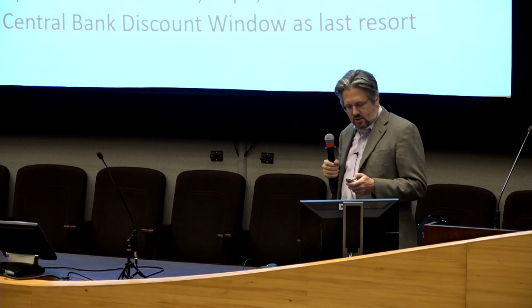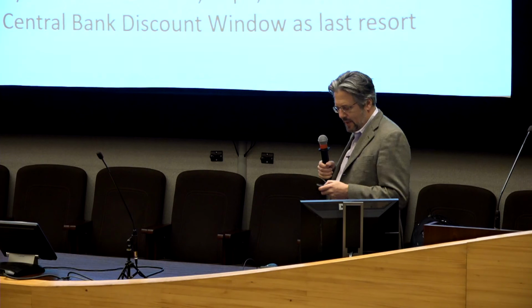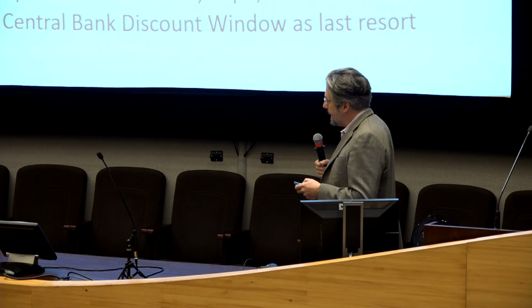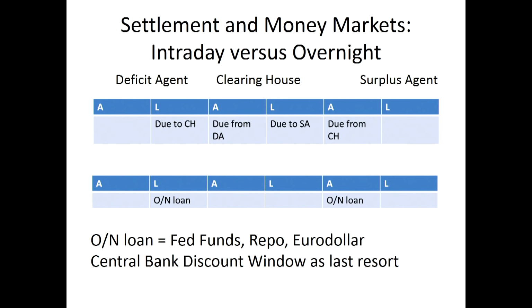Now I'm shifting to not sources and uses, but assets and liabilities, so that you can compare. Think of this as the balance sheet of a bank. And think of this deficit agent as some bank that, at the end of the day, has had people write more checks on its accounts than it's received checks from as deposits, and so it owes to the clearinghouse some $1 million, $10 million, something like that.